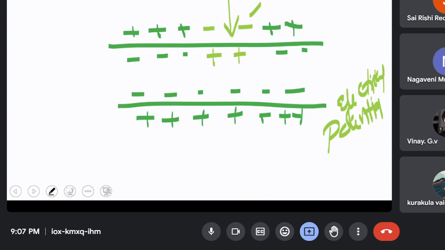This electrical potential now acts as the stimulus to disturb the permeability of the adjacent regions which are in resting state. This is the resting membrane, this is the stimulated membrane, and the stimulated region starts stimulating the other one.